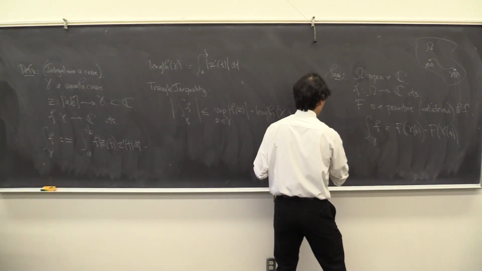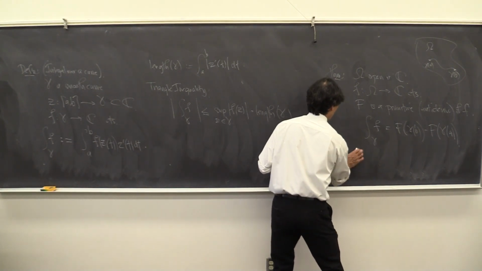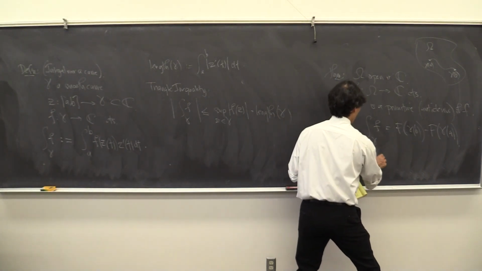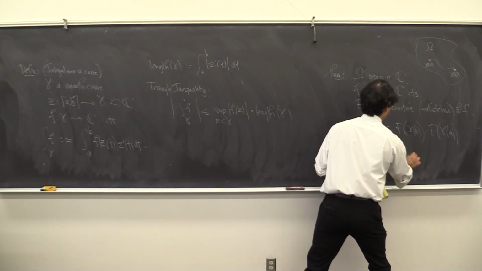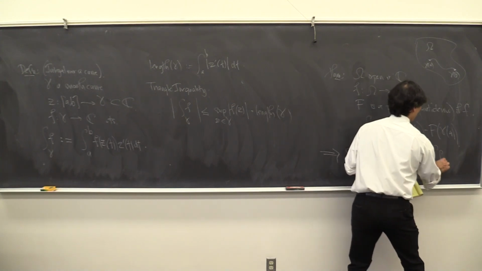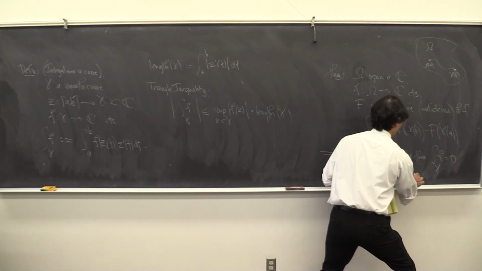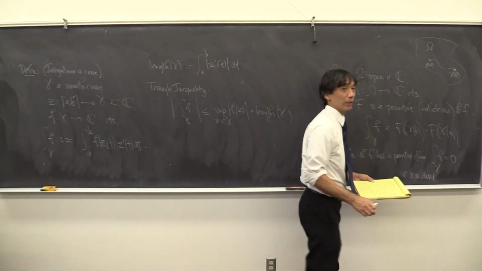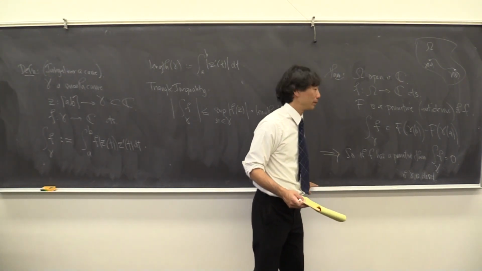And what this gives you, as a corollary, is that if little f has a primitive, then the integral over any closed curve is 0, if gamma is closed. Because the endpoints are identical, so you're just going to get the difference at the same point.